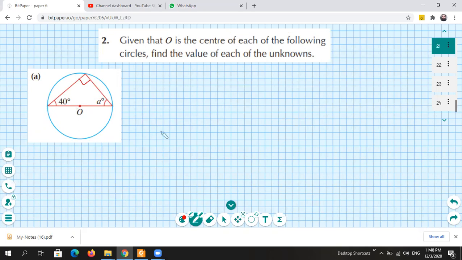Now we can find the value of A by adding all three angles in this triangle, and the sum is equal to 180 degrees. So A plus 40 plus 90 gives you 150, equal to 180, or A equal to 180 degrees minus 150.